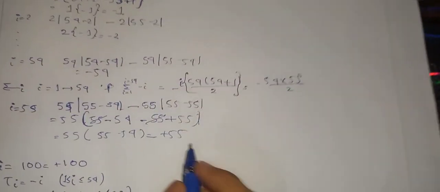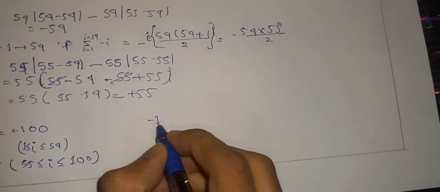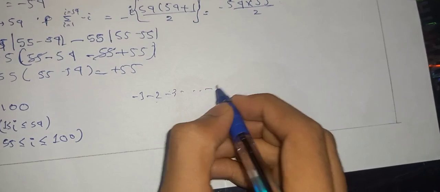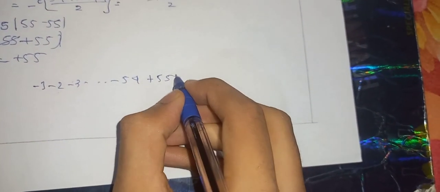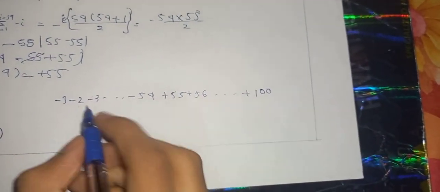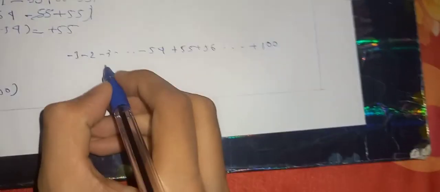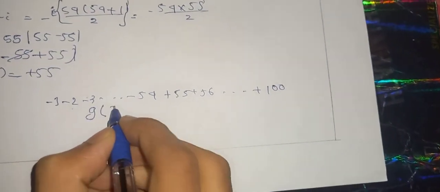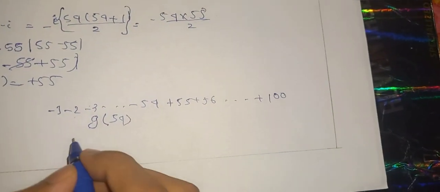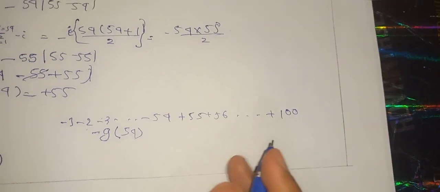So the actual value can be written as minus 1 minus 2 minus 3 dot dot till 54 plus 55 plus 56 dot dot till 100. Notice this can be written, let me write it for some time, G54, or better minus of G54.